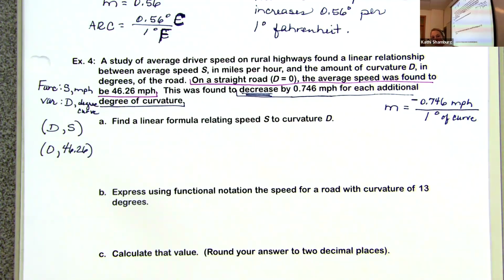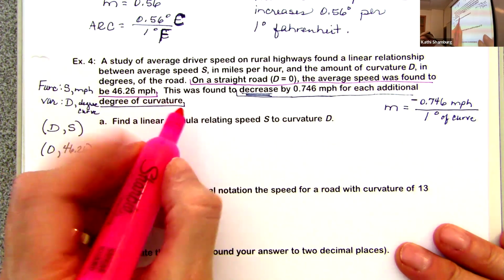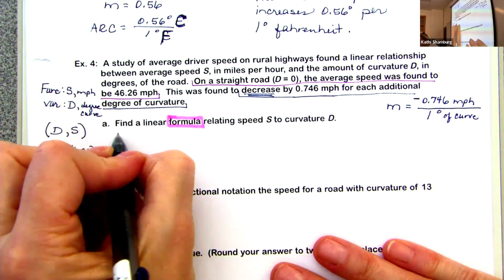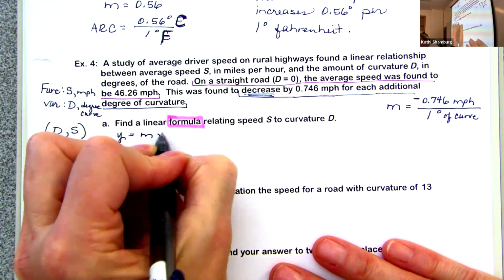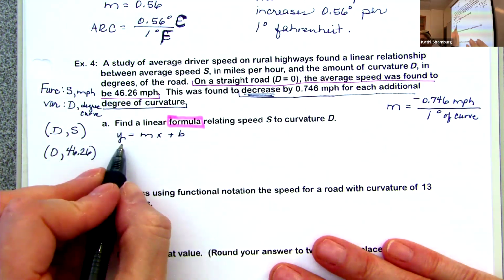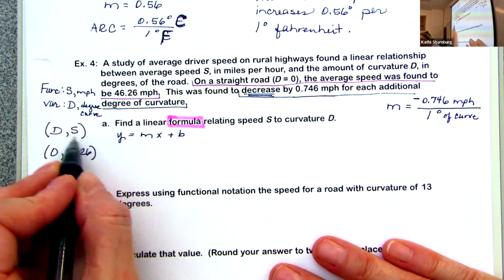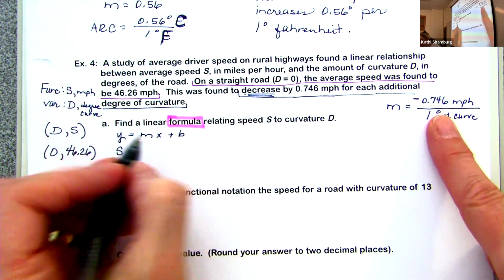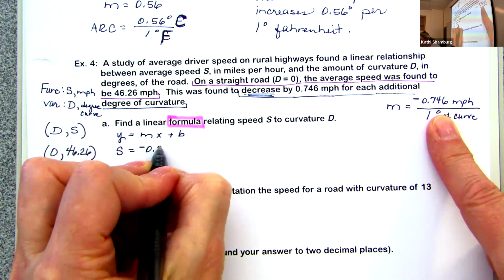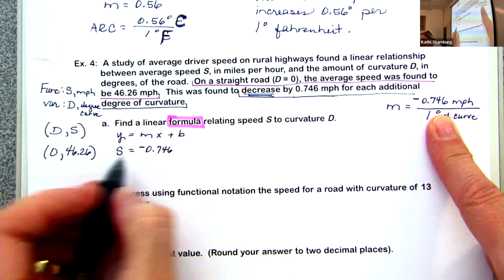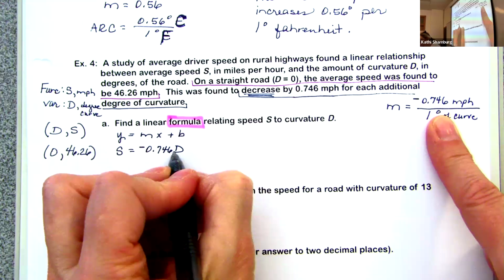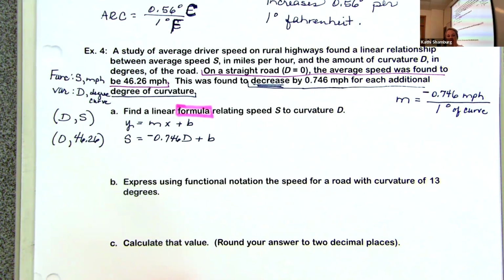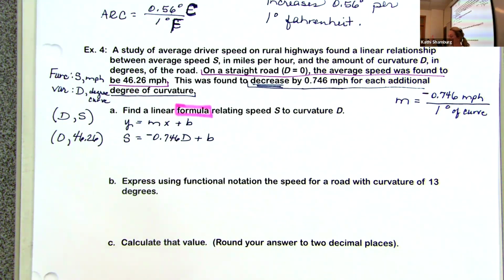Okay. So again, it wants us to find a formula. So y equals mx plus b. You don't have to write that every time. Y is my function, which is S equals my slope they gave me, negative 0.746 times the variable, which is D, plus b. All right, so I've got my slope, they gave it to me.